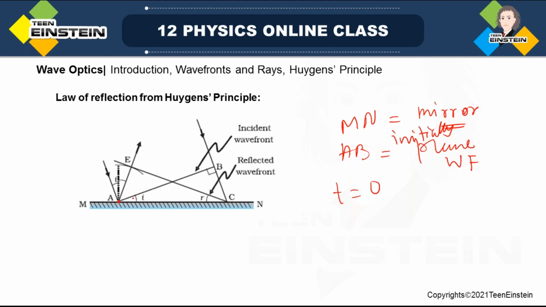Suppose it is just incident at this point A, already incident. And what is the angle of incidence I here? To construct the reflected wavefront, this is actually the initial or incident wavefront, and the reflected wavefront is this.